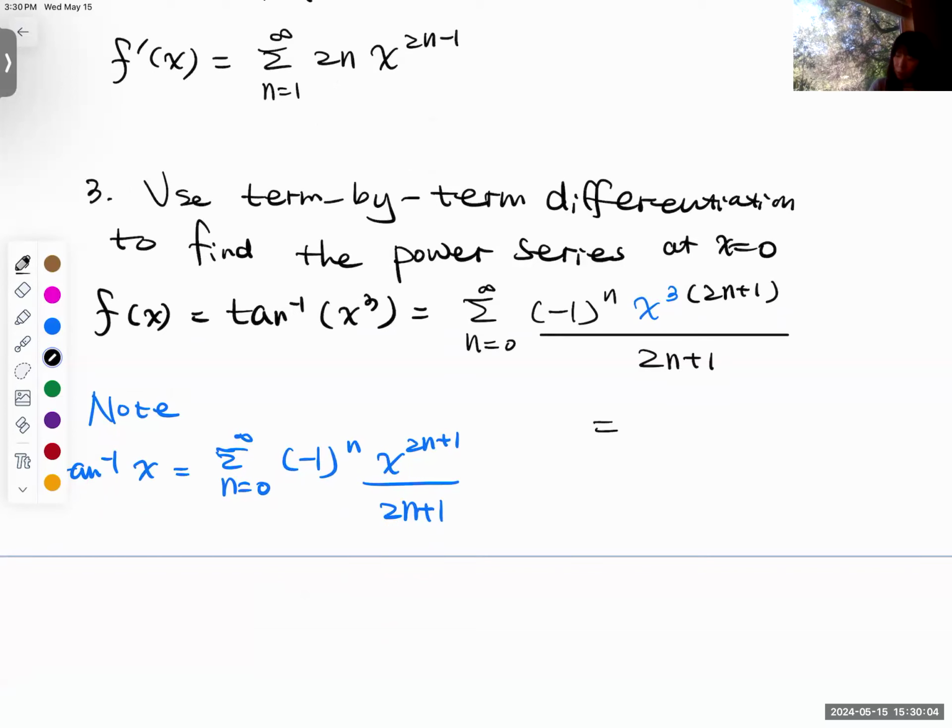So that will be negative 1 to the n, x to the, we distribute, then we get 6n. Oh, it's a power, 6n plus 3, all over 2n plus 1. Okay?